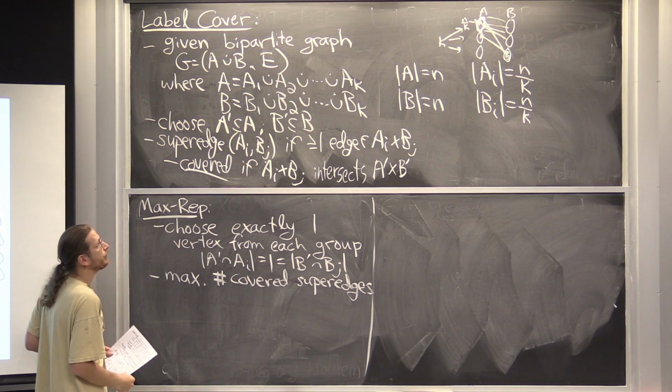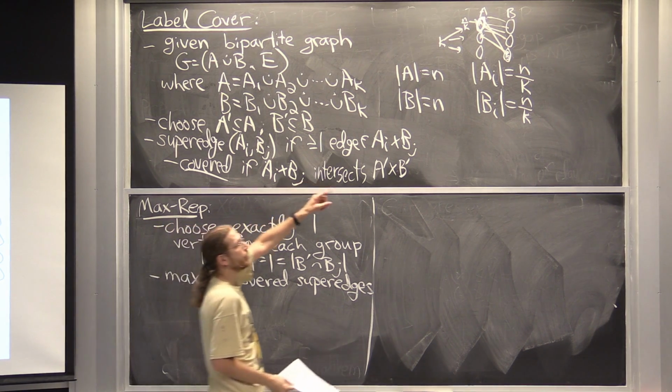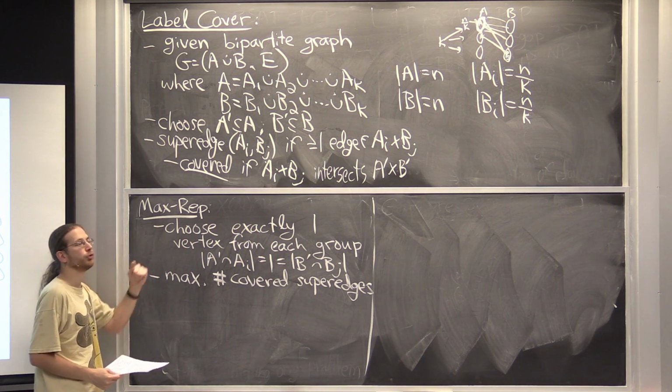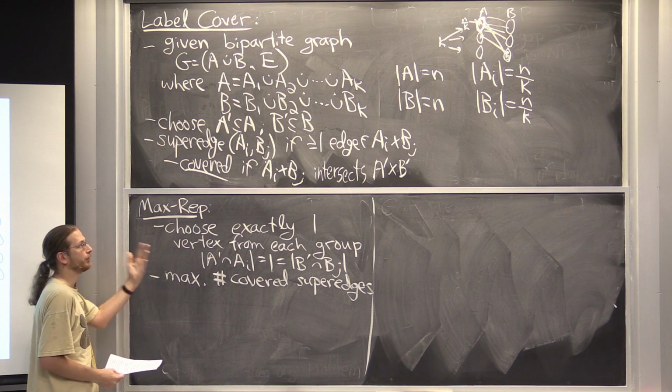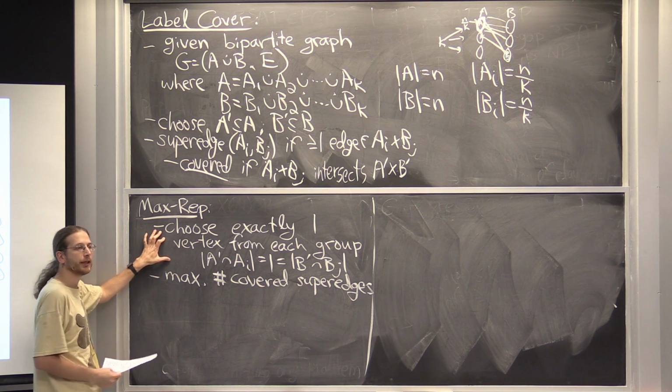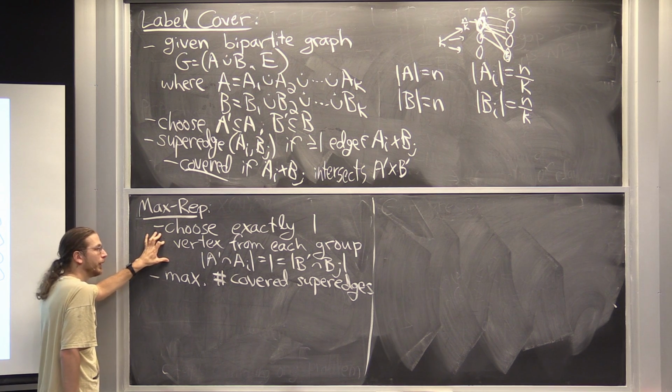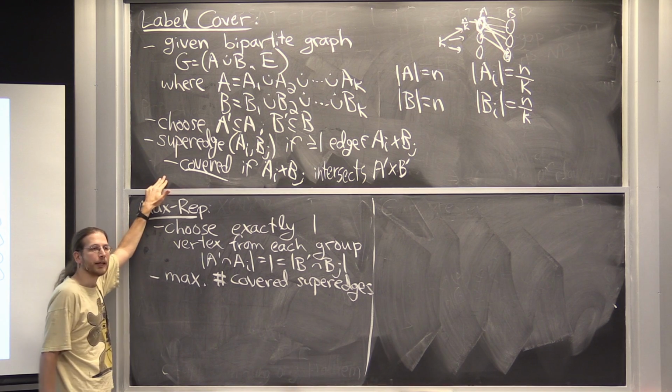The intuition here is that those groups are labels. And there's really one super vertex there, and you want to choose one of those labels to satisfy the instance. So here you're only allowed to choose one label per vertex. You choose one out of each of the groups. Then you'd like to cover as many edges as you can.